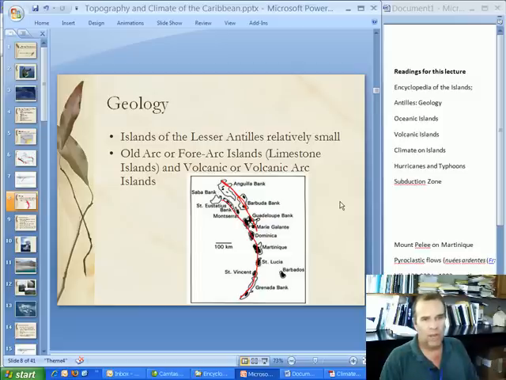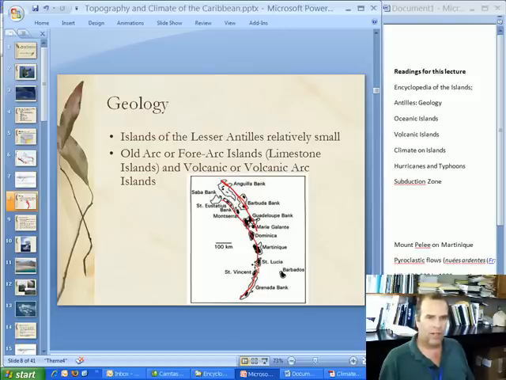And as they become extinct, they no longer build up, so they are eroded away. Okay? But before they disappear beneath the sea, they have fringing coral reefs, and they form limestones. And that limestone builds up to form some limestone islands on top of these old volcanic islands.